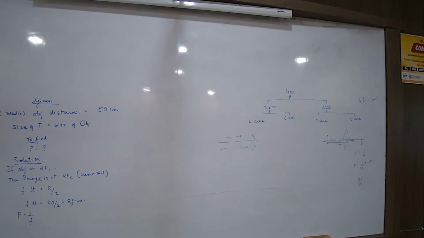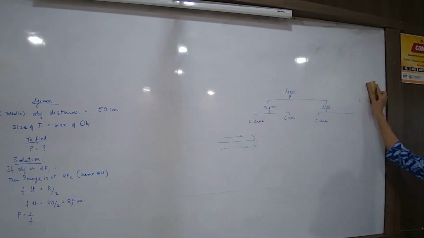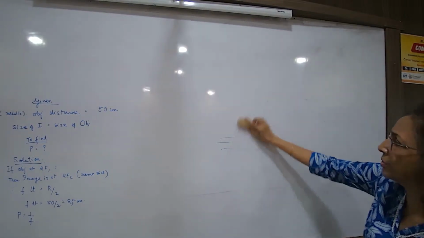Okay. This is your question number 2. And write the page number there. Okay. Let's do the third sum. Do the third one. Now, P is equal to 1 by F. Okay, find the power of a concave lens. Concave is what? It's negative. Correct. That is simple.